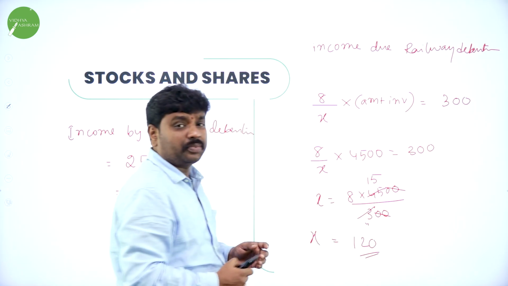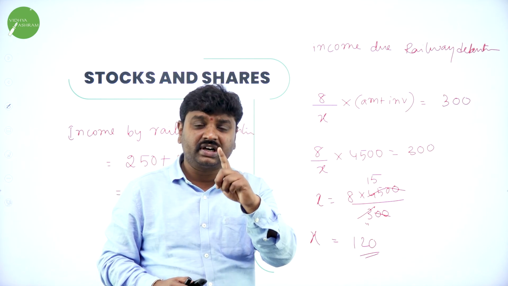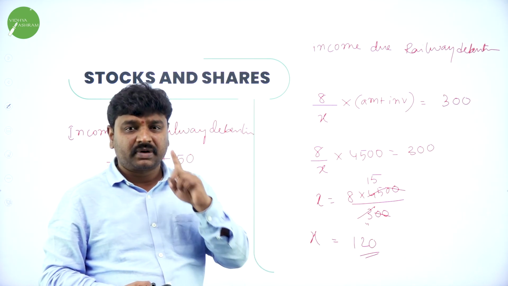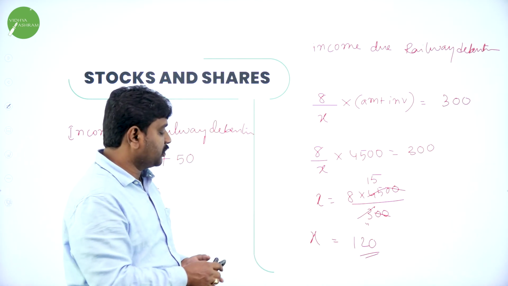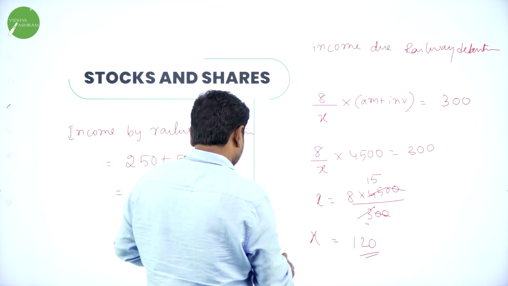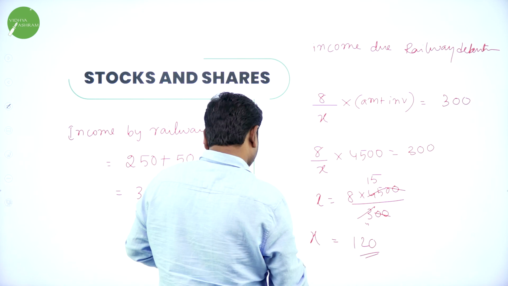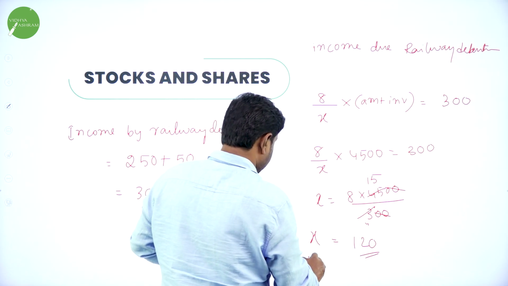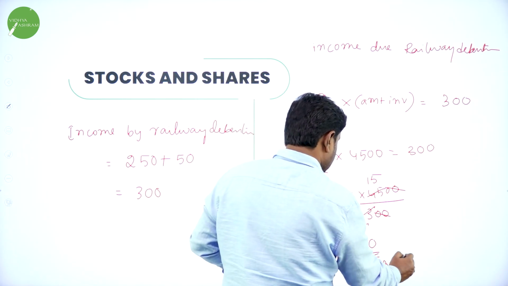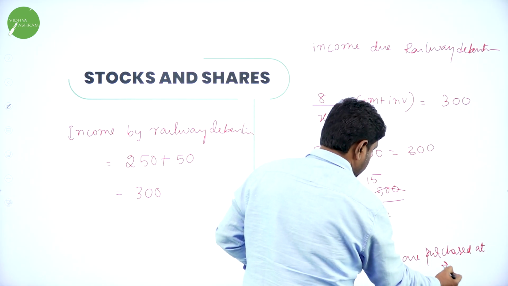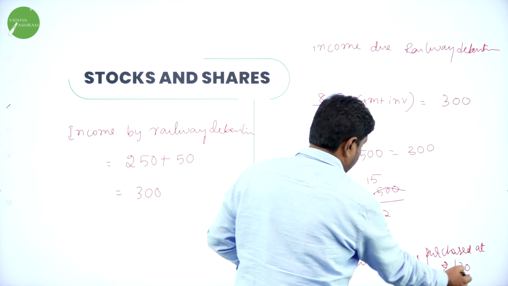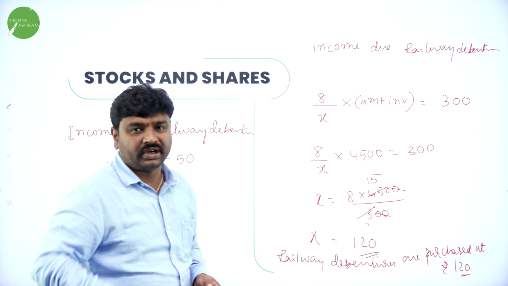So he purchased the railway debenture at the rate of rupees 120. For a 100 rupees stock, he purchased at 120.